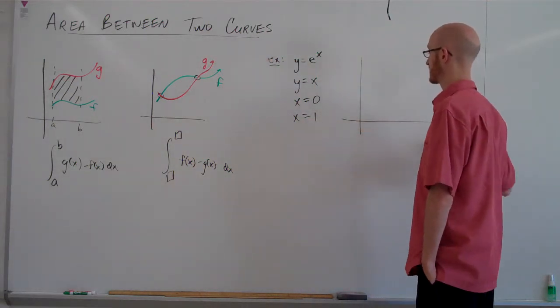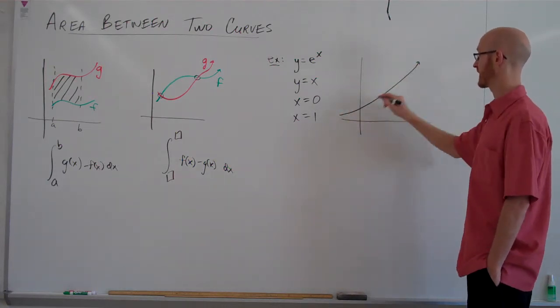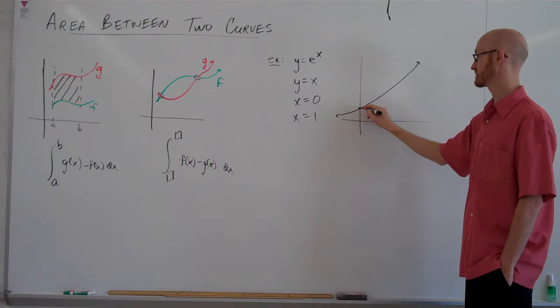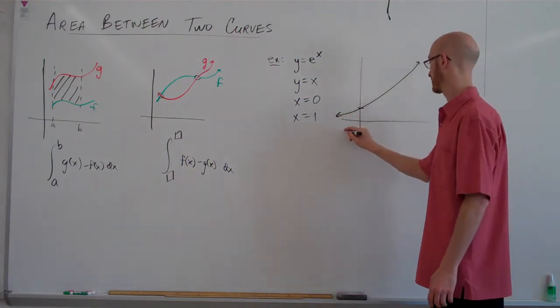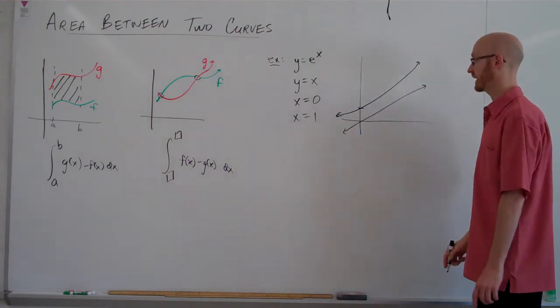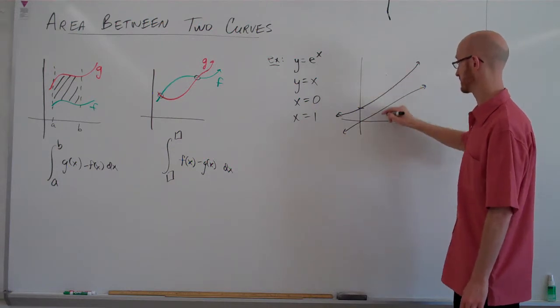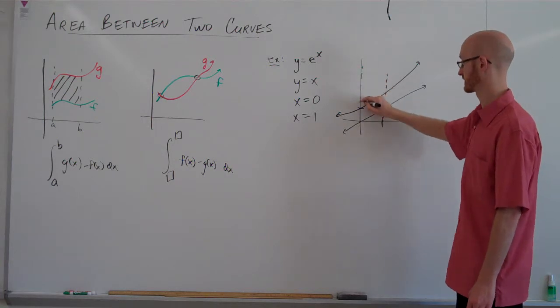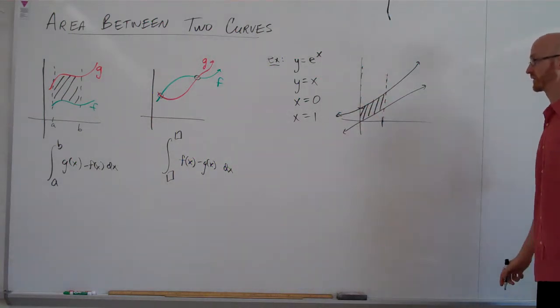The first thing is to get an idea of what's going on. e to the x looks kind of like that, right? e to the x has an intercept right there of 1. y equals x looks kind of like that. And x equals 0 to x equals 1. So let's say that's 1, and there's x equals 0. So effectively, we're looking for that little region right there.